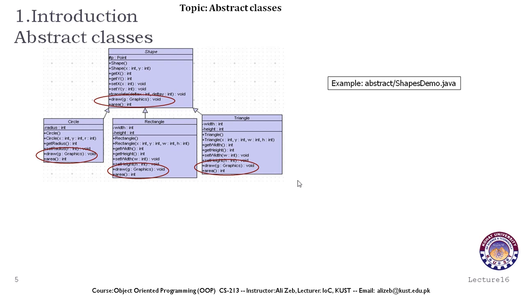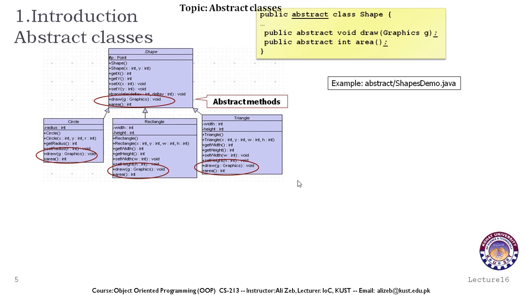But we need to implement these methods in all of the subclasses. So what we can do is we can include these methods as abstract methods in the superclass. What should happen now is, the superclass should also become an abstract class.